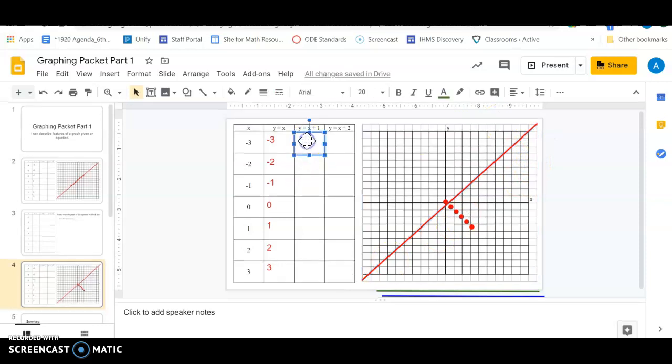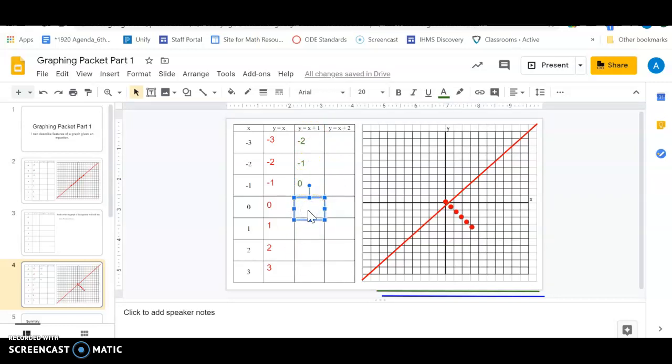So if I were to plug in -3 for x, what is -3 plus 1? It's -2. When I plug in -2, what do I get? -2 plus 1 is -1. When I plug in -1 for x, -1 plus 1 is 0.